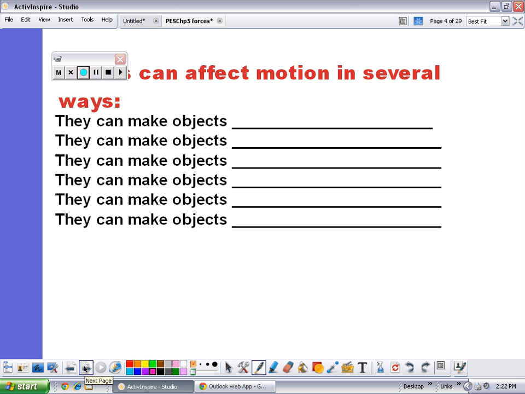So when we make a list of these, forces can make objects start moving, stop moving, move faster, or move slower.